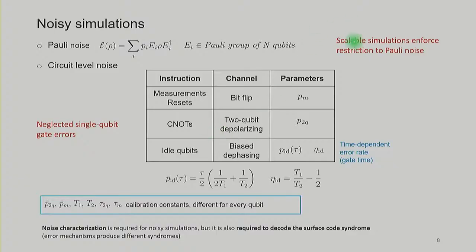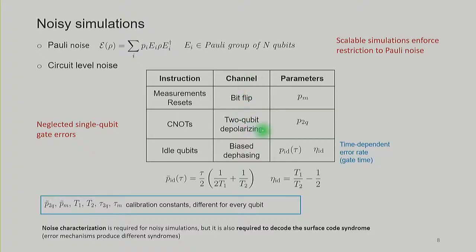Both the simulations, which use a lot of qubits, and the decoding require that our noise model is restricted to Pauli operations. So the noise model that we consider is circuit level noise, in which after each ideal gate in the circuit, we apply a bit flip or depolarizing channel, depending on the gate.